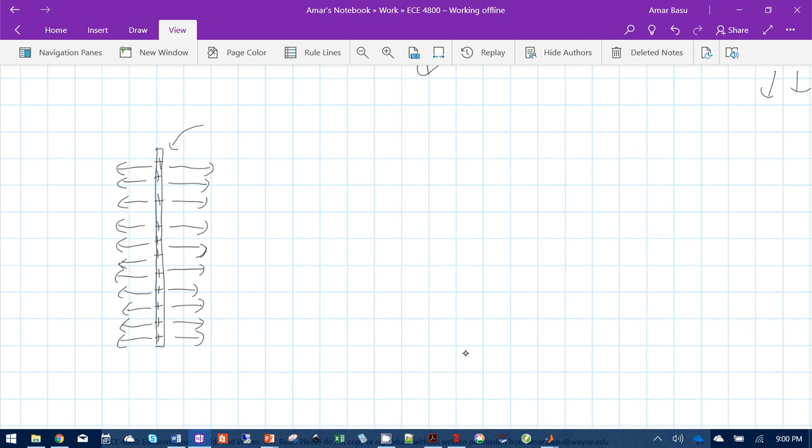So the charge density is equal to rho L coulombs per meter. Let's say our observation point is here, at some distance a away from that line. Just so you know, this is an infinitely long line.